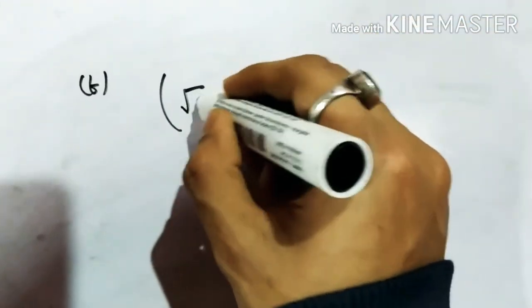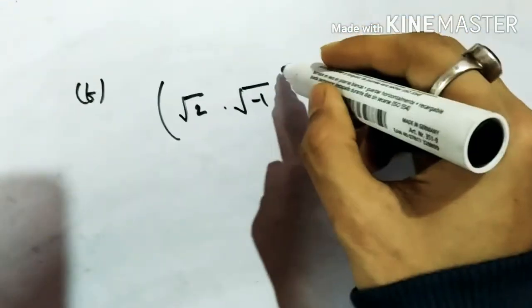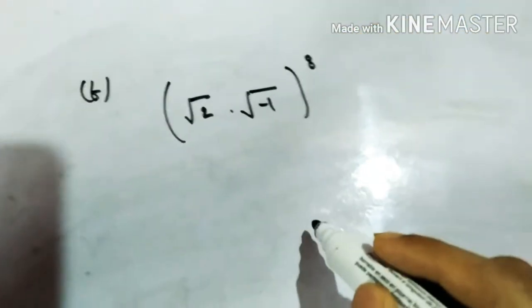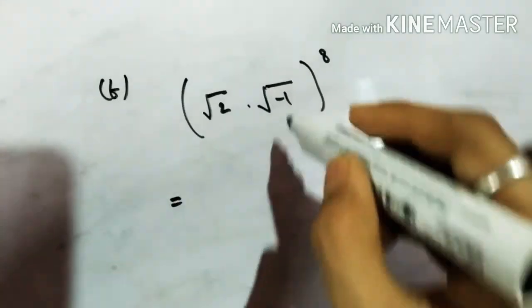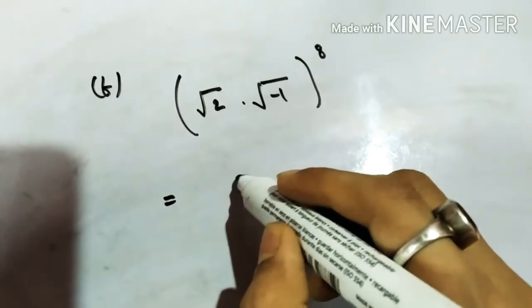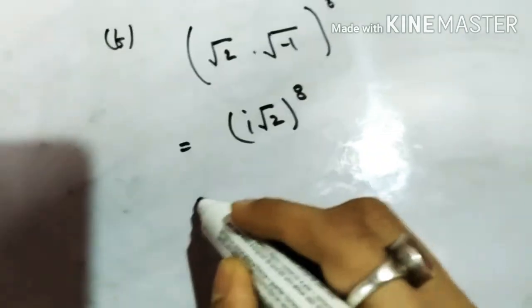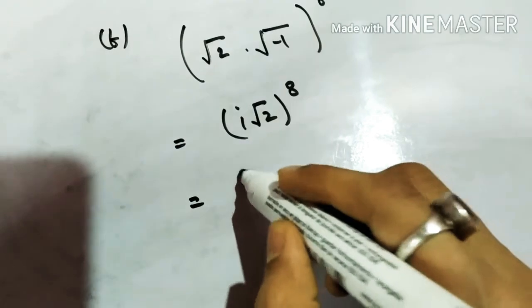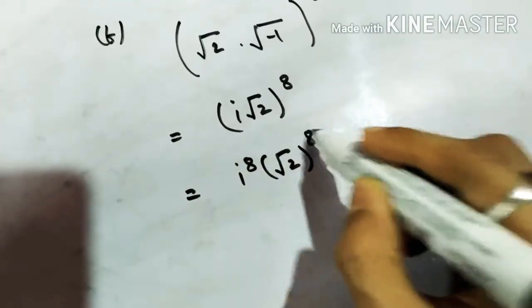Next it is number f, root 2 into root minus 1 to the whole power 8. So this will become i root 2 to the whole power 8, i to the power 8 root 2 to the whole power 8.